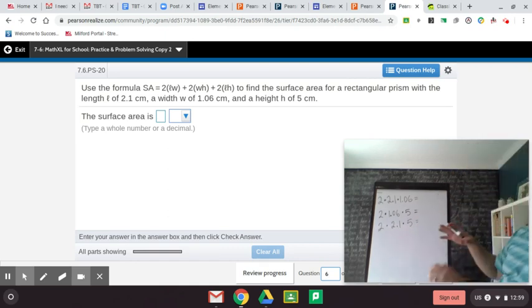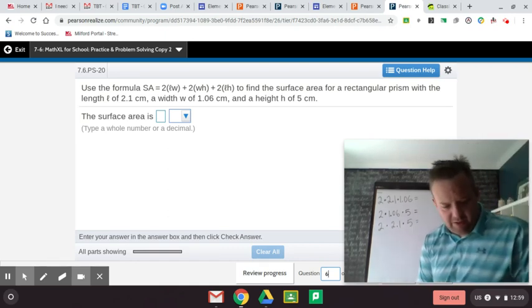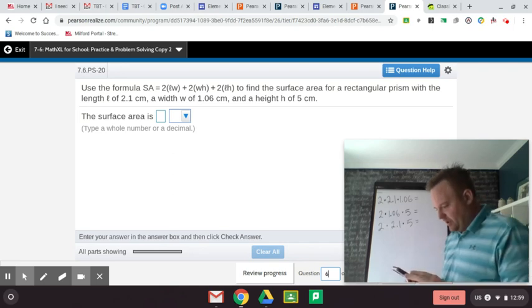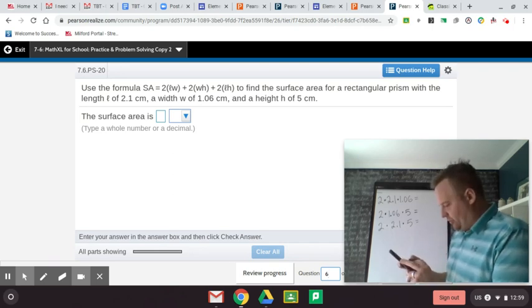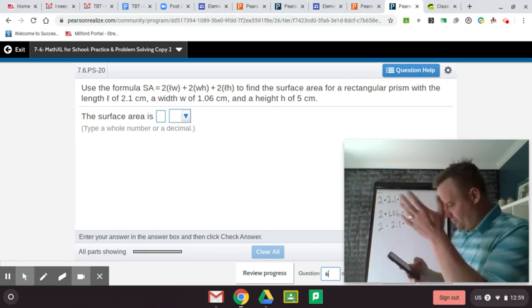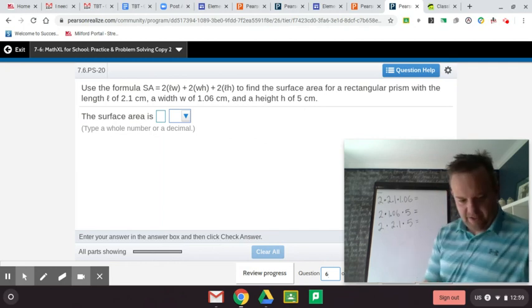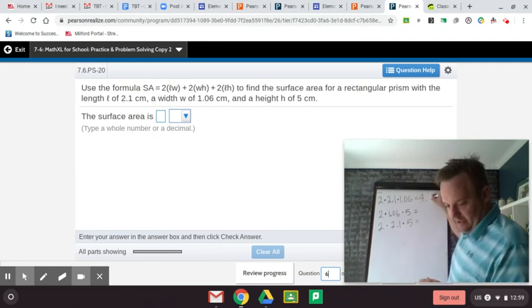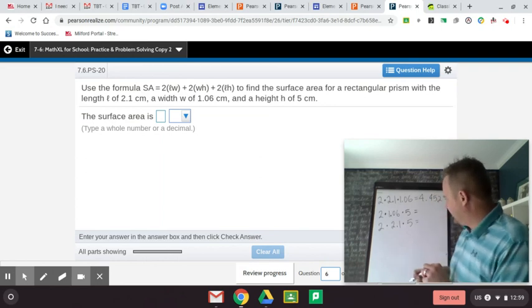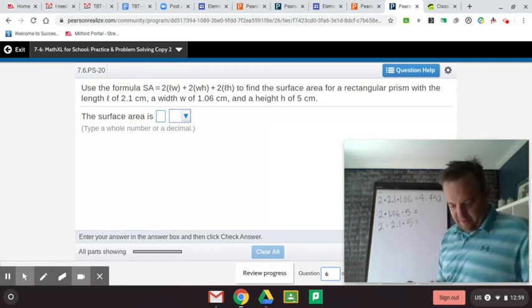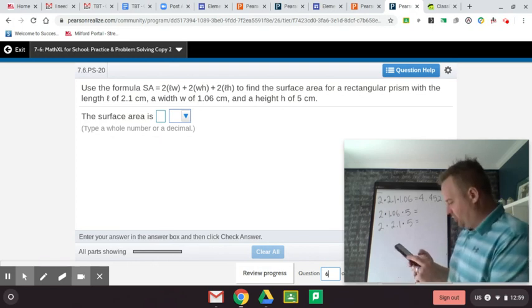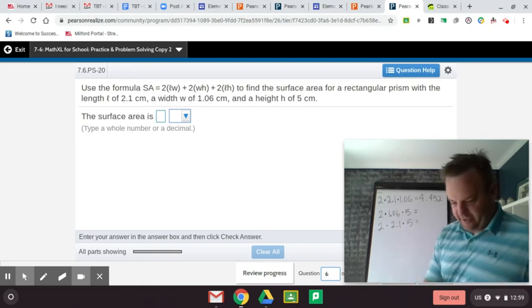All right, now we're going to calculate all those and add them up, and we should be in good shape. Here we go. So we have 2 times 2.1 times 1.06 is 4 and 452 thousandths. Now we'll do the next part, which is 2 times 1.06 times 5 is 10.6.